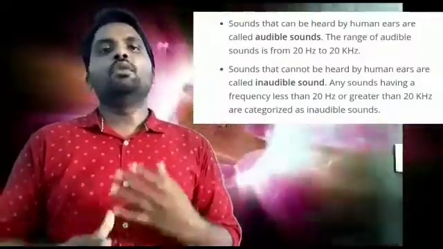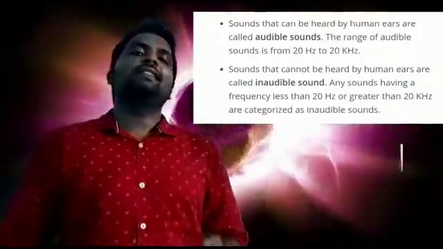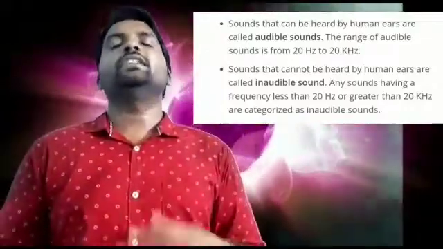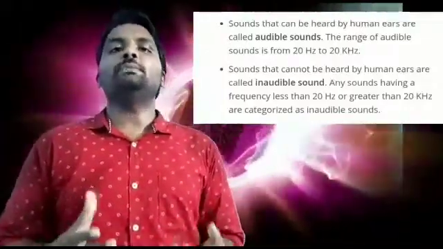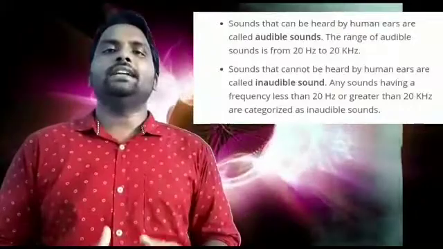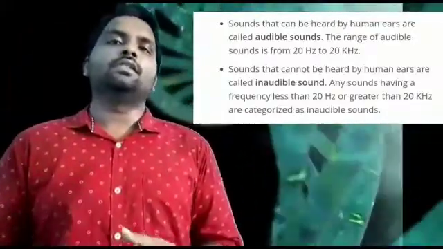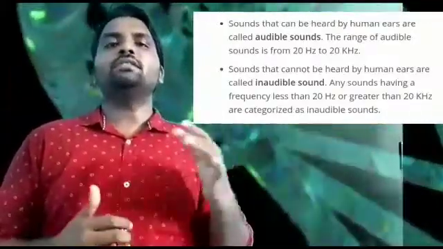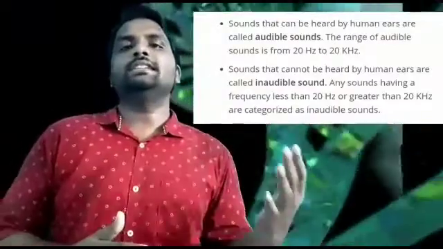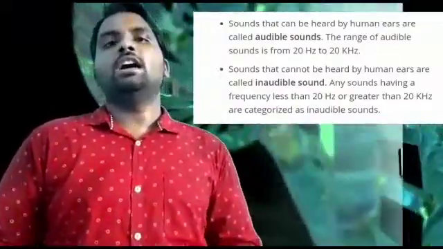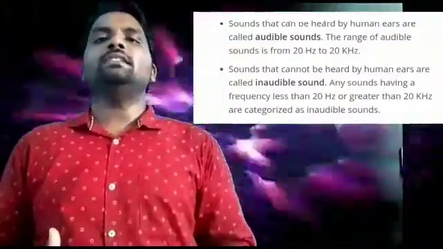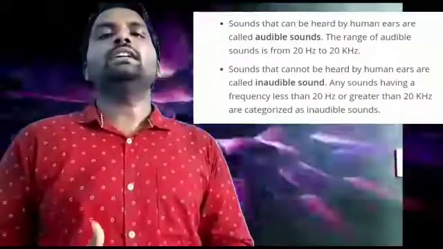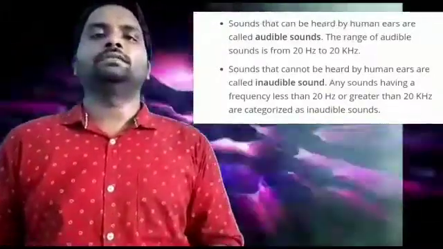If it is more than 20 kilohertz, we can't hear. Those types of sounds are inaudible sounds. Sounds which we can hear are audible, and those which we can't hear are inaudible sounds.